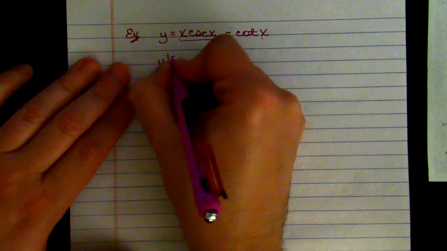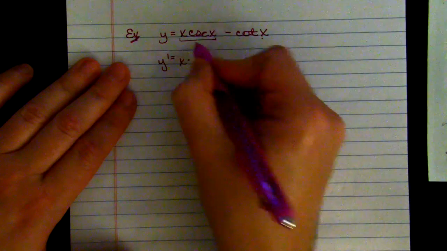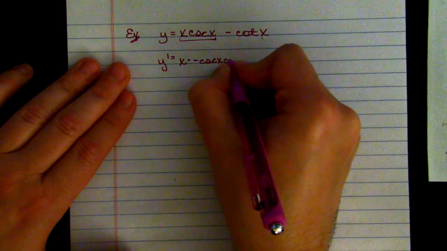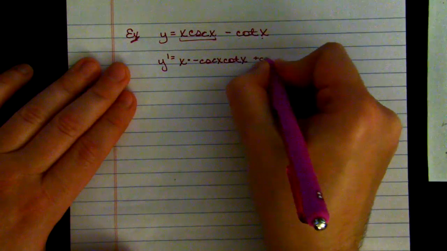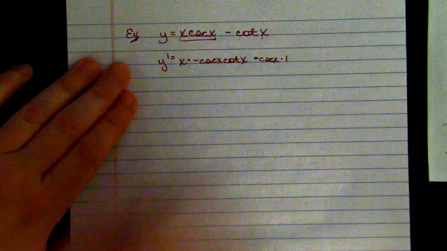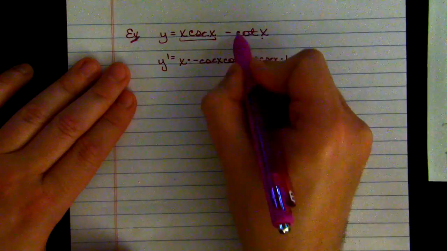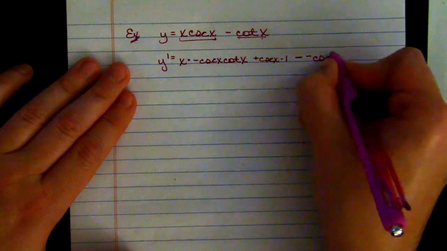So y prime is going to equal, I need product rule on this thing. First, x times derivative of the second, negative cosecant x cotangent x, plus second, cosecant x, times 1. Okay, moving on. Minus derivative of cotangent x is negative cosecant squared x.